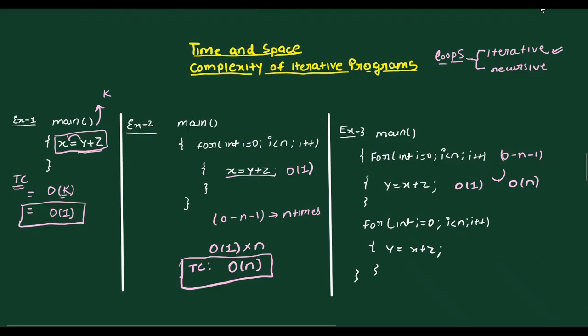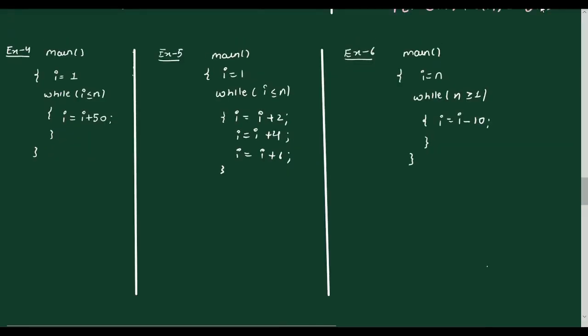Then this loop ends here and another loop starts which also runs from 0 to n minus 1, that is n times, and inside the body we are performing a constant time operation. So the time complexity is order of n. So the overall time complexity is order of n plus order of n, which is equal to order of n.